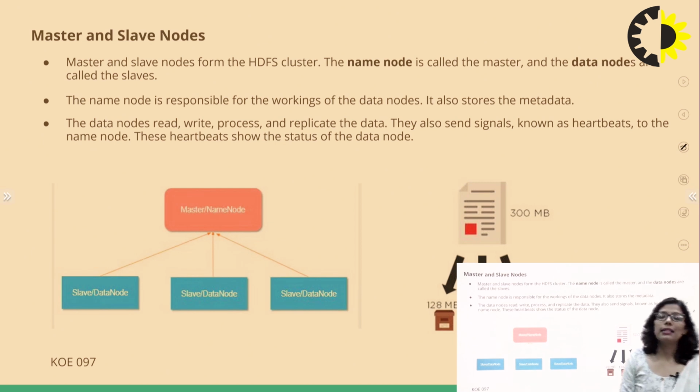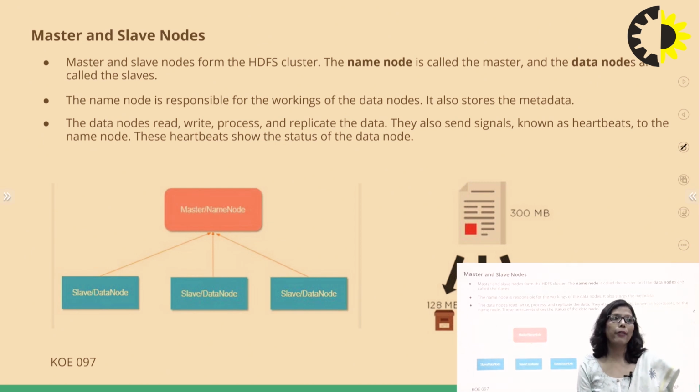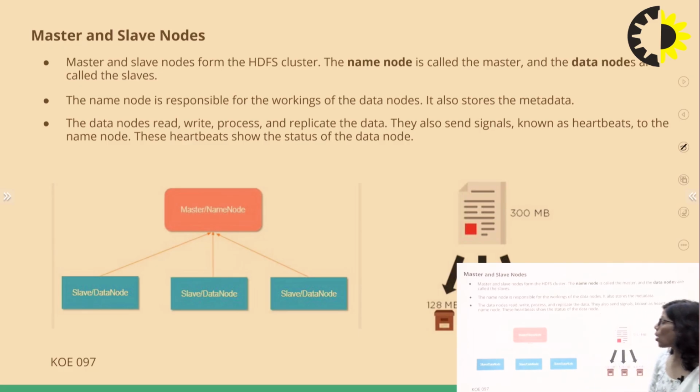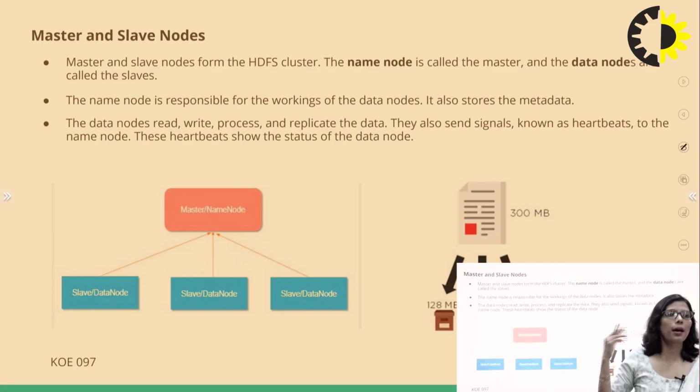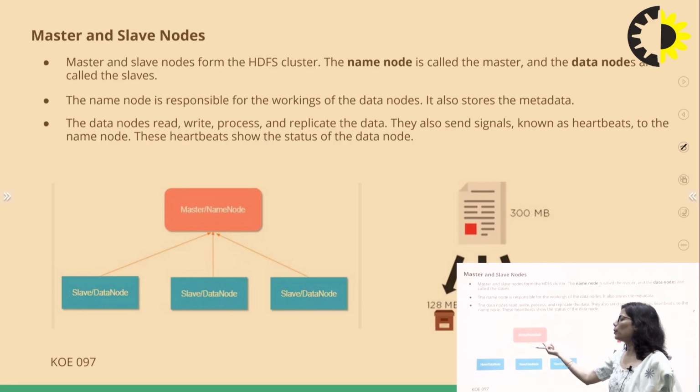Now as discussed, Hadoop will have two things, master nodes and slave nodes. Master and slave nodes form the HDFS cluster. The name node is called the master node, whereas the data nodes are the slave nodes. Where the data is actually stored, it is stored in the data nodes.